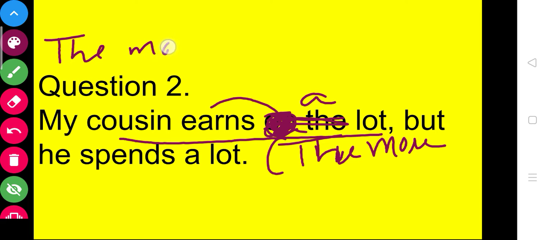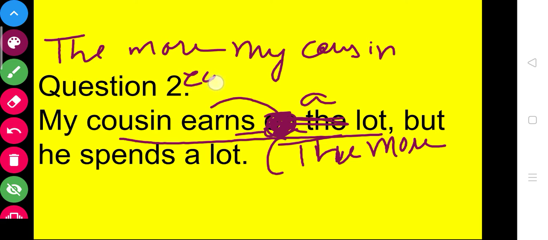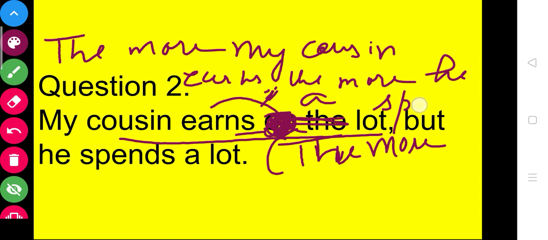The tense, we got to know what the tense is. Verbs first form plus s used to be in the present indefinite. So the more my cousin earns, comma, here punctuation is needed, comma is needed, the more he spends.